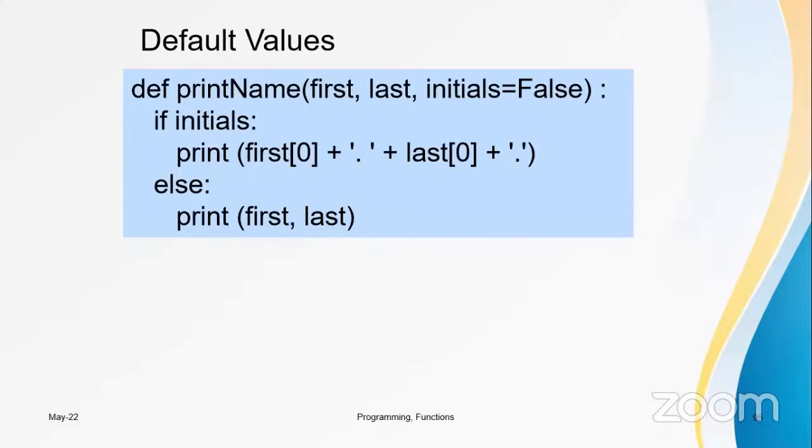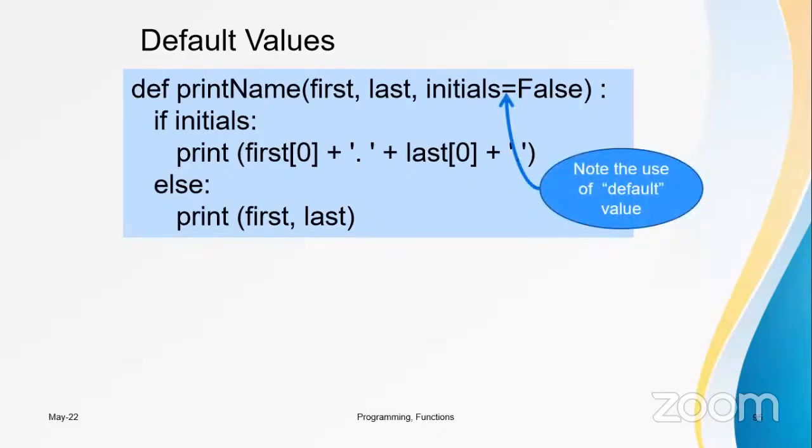For example, here, first, last, by default I'm saying initial is false. Now, if initial, print first initial plus last initial, else first and last. Listen to me here. Already a default is there. What is that? Initial is false. That's my default case. Note the use of the default value.